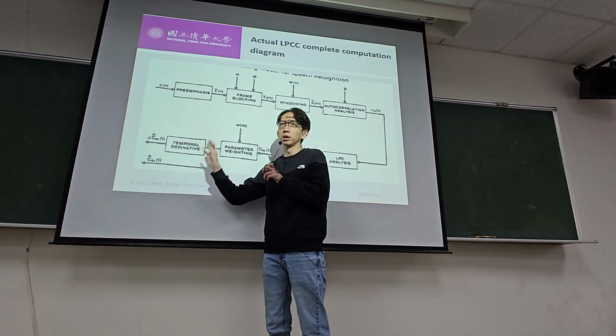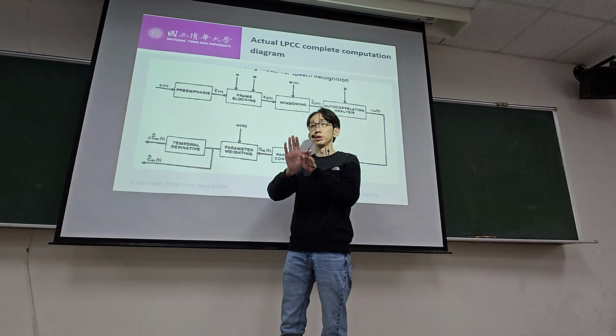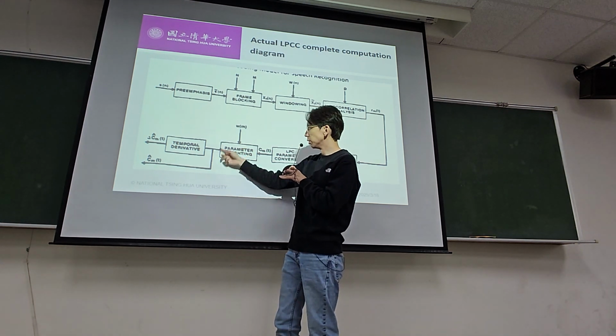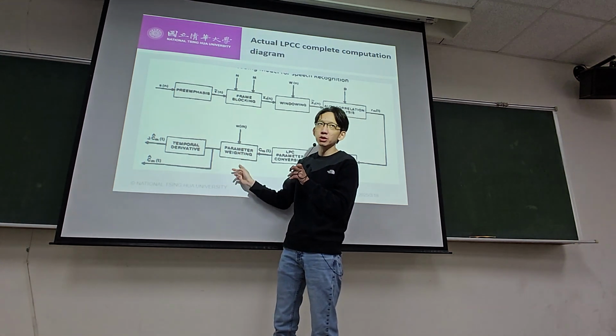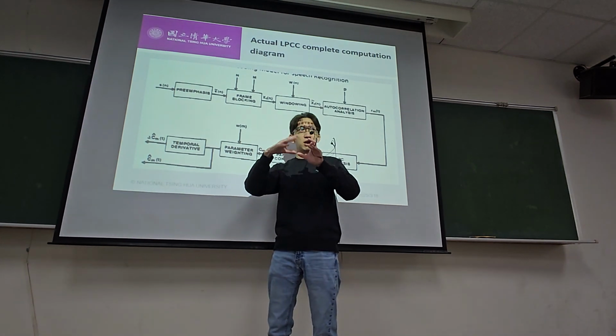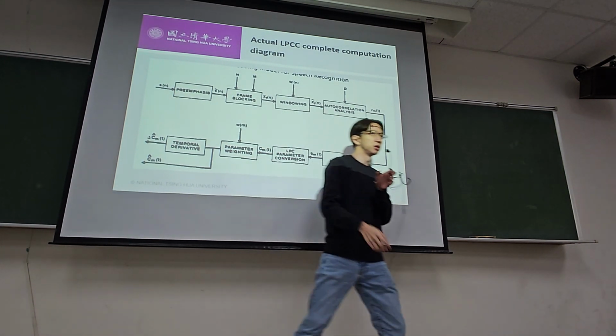Once you're in the cepstral domain, we can take temporal derivatives to capture the temporal differences between the coefficients across frames. Also there is parameter weighting. Essentially, you apply a lifter, and the lifter doesn't have to be rectangular.